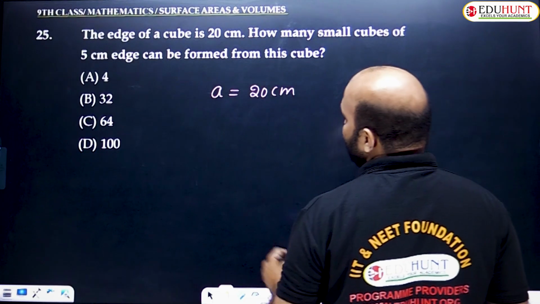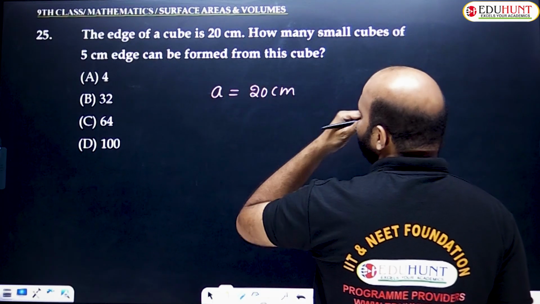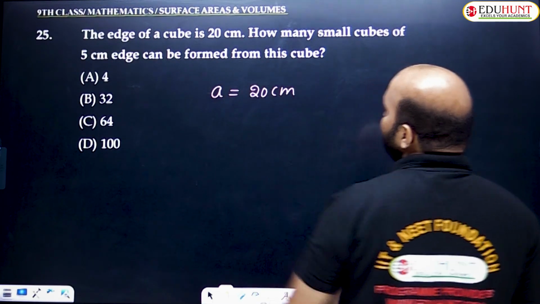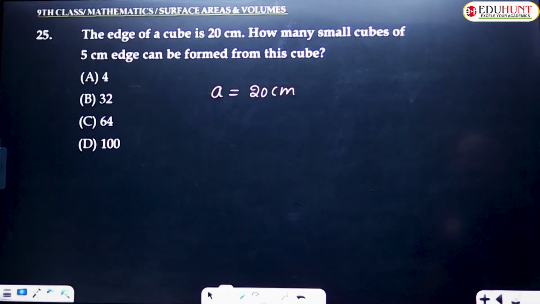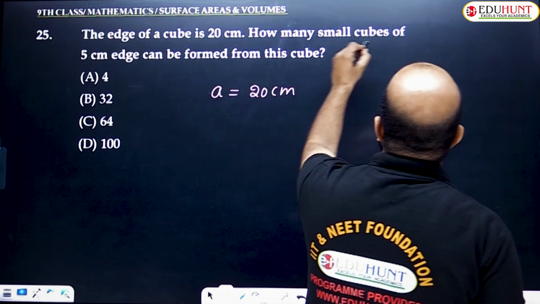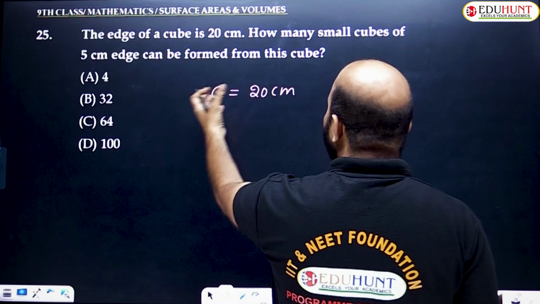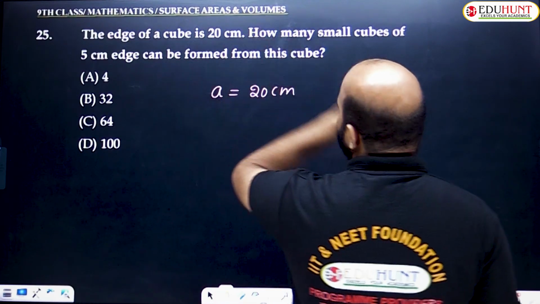So clearly we need to understand. The volume of the bigger cube equals the volume of the smaller cubes. How many smaller cubes can be formed from this bigger cube? That is the question.